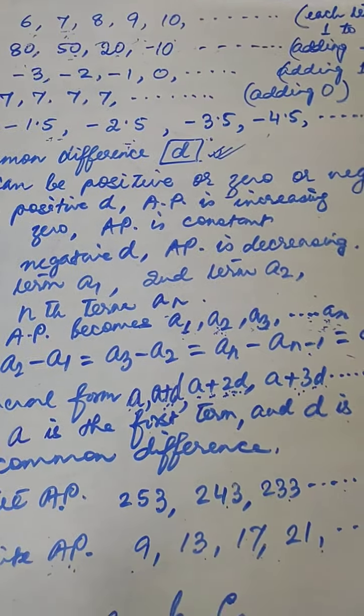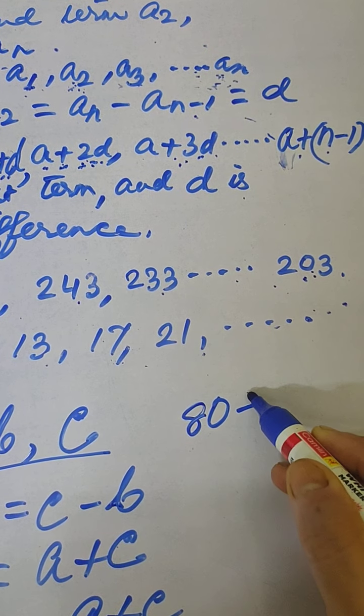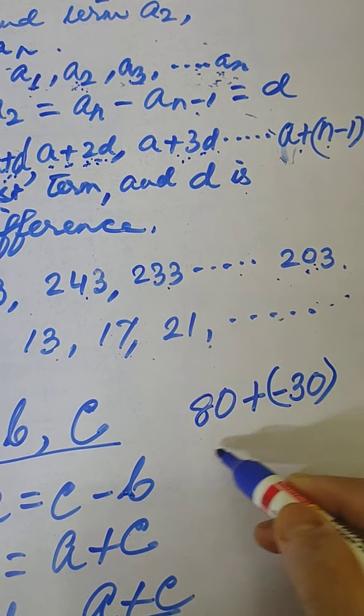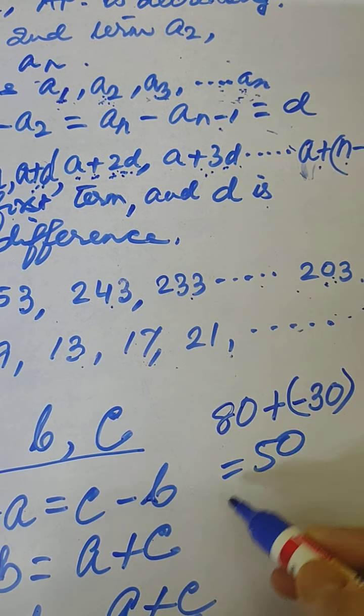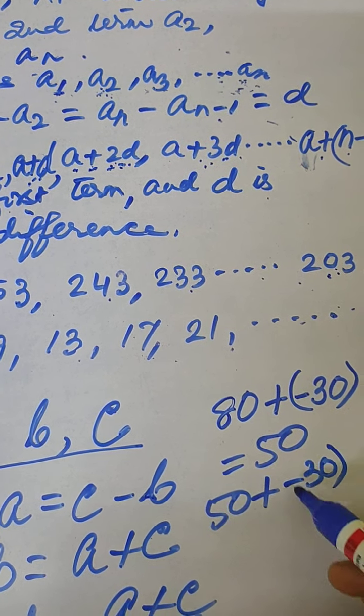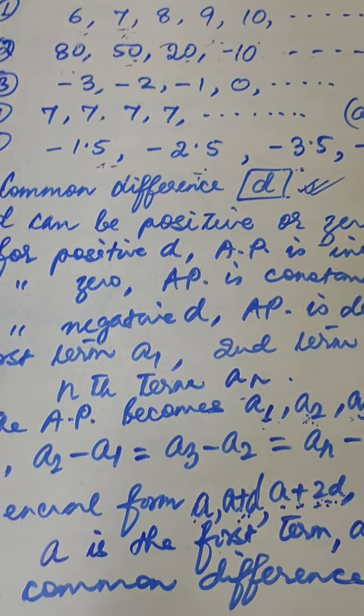That means suppose the first term is 80, so when you add minus 30 to it, you get 50. Again 50, when you add minus 30 to it, you get 20. Thus we are getting the terms.